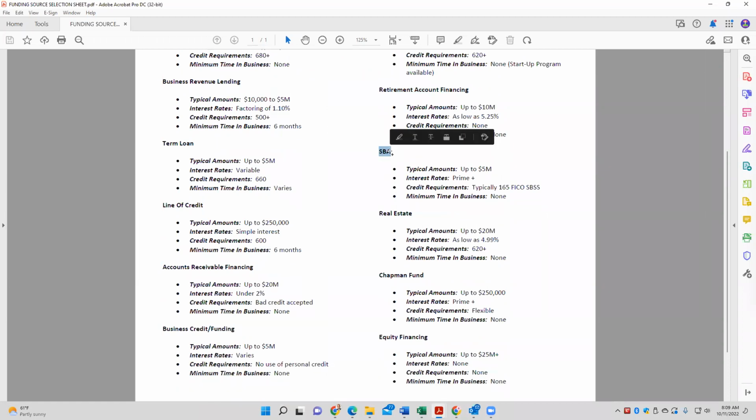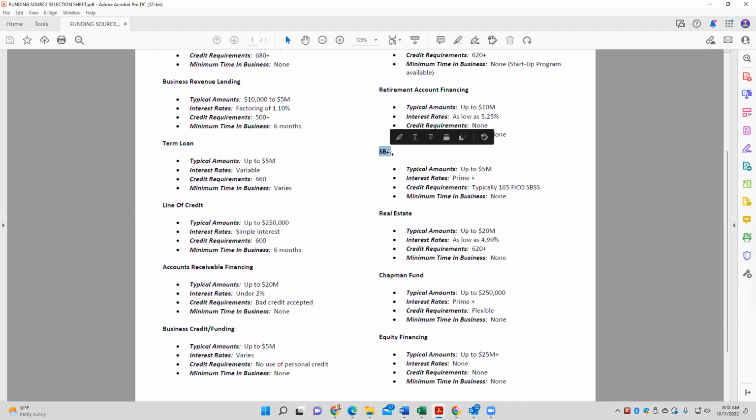The SBA, again, is another one that's difficult to reduce down to just a simple set of bullets because there's different types of SBA loans. There's SBA micro loans, 7A, 7A Express, 504. Again, we're not trying to burden you with becoming an expert on every type of funding instrument.